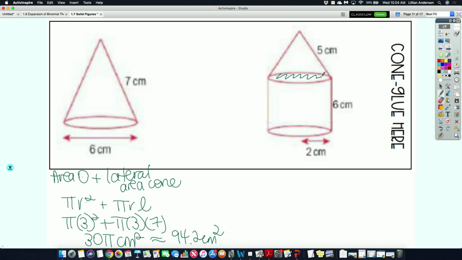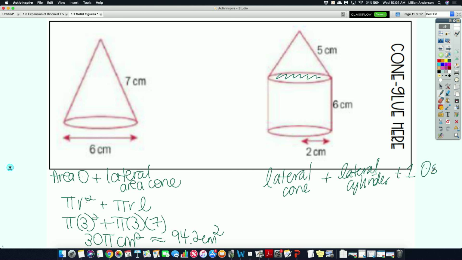So really and truly, we only need the what of the cone, slant height. The lateral area of the cone. What else do we need? The lateral area of the cylinder, and then one of the circles. A circle with a diameter, that's a symbol for circle.